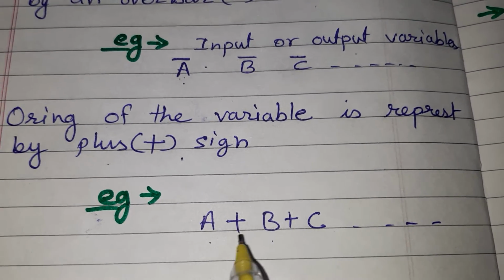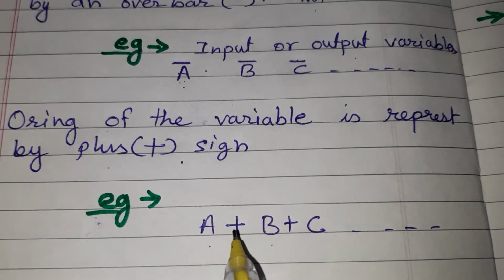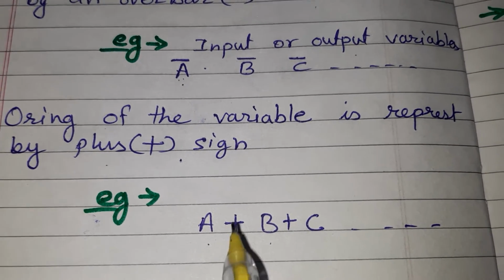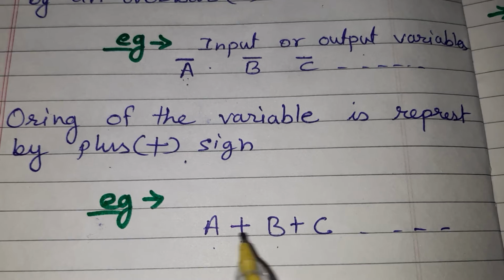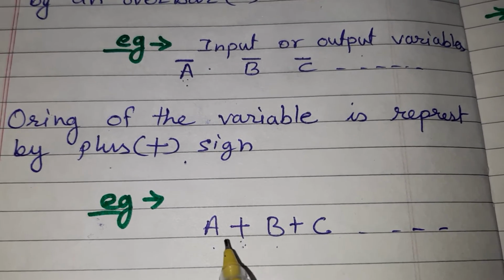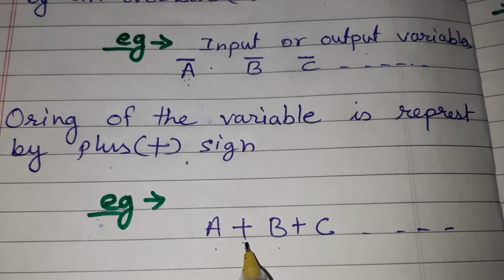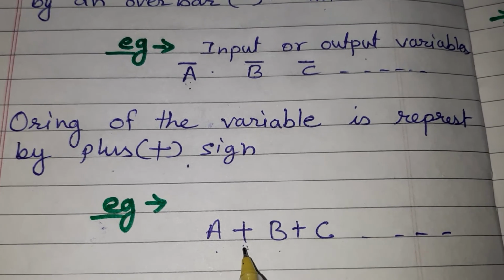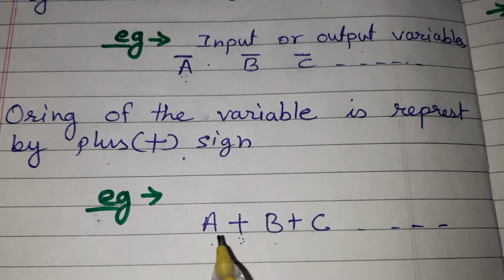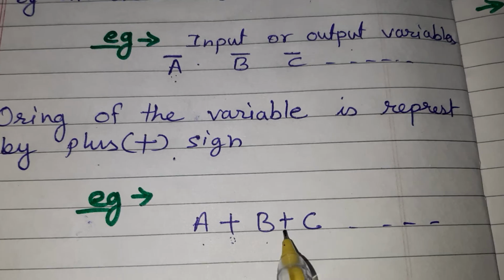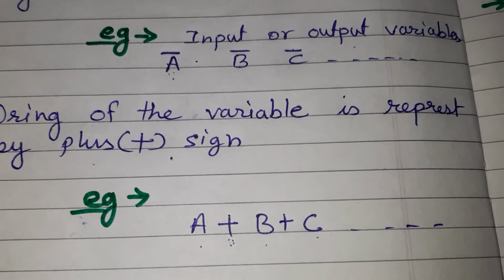When we simplify, it works as the plus sign, simple addition of the two variables, but it is called OR logic in Boolean algebra. So A or B or C, and so on.